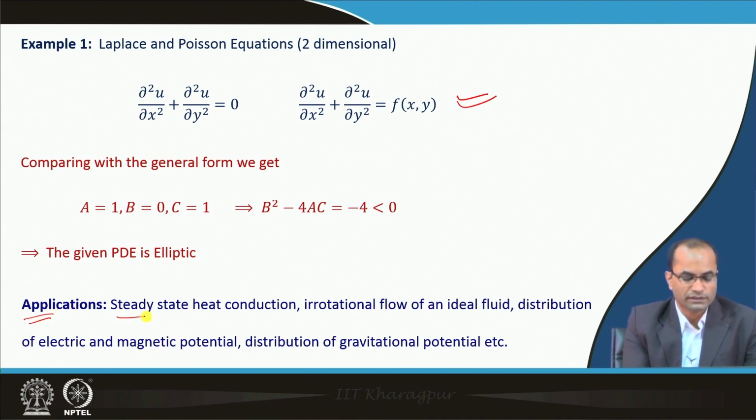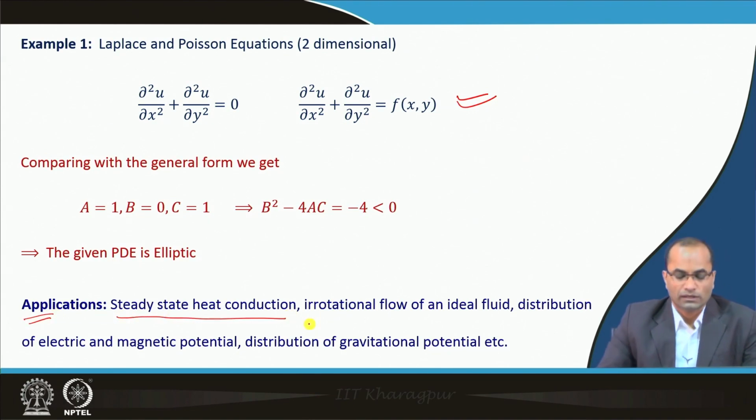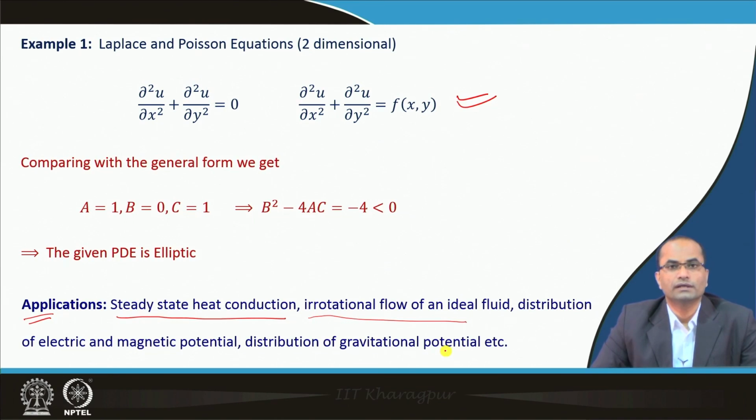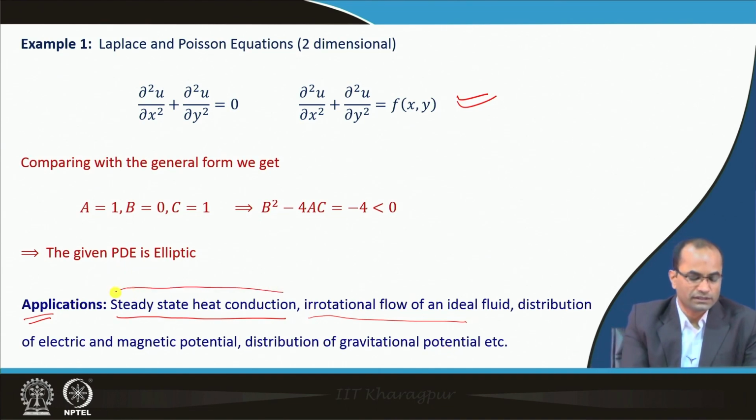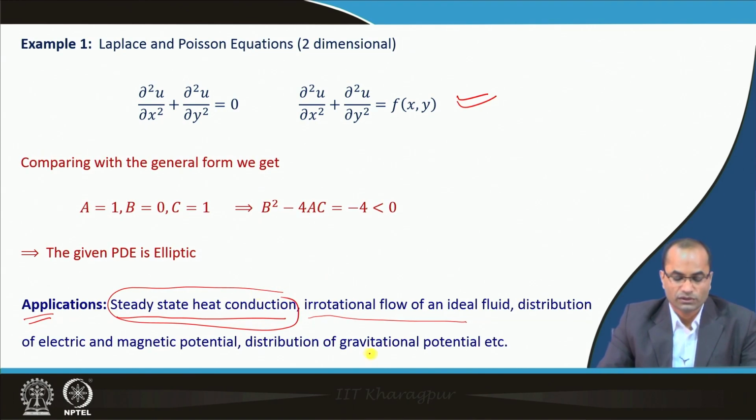For instance, steady state heat conduction problems, or irrotational flow of an ideal fluid, then the distribution of electric and magnetic potential, distribution of gravitational potential, etc. So, it has several applications starting from the steady state heat conduction equation to the distribution of gravitational potentials, etc.